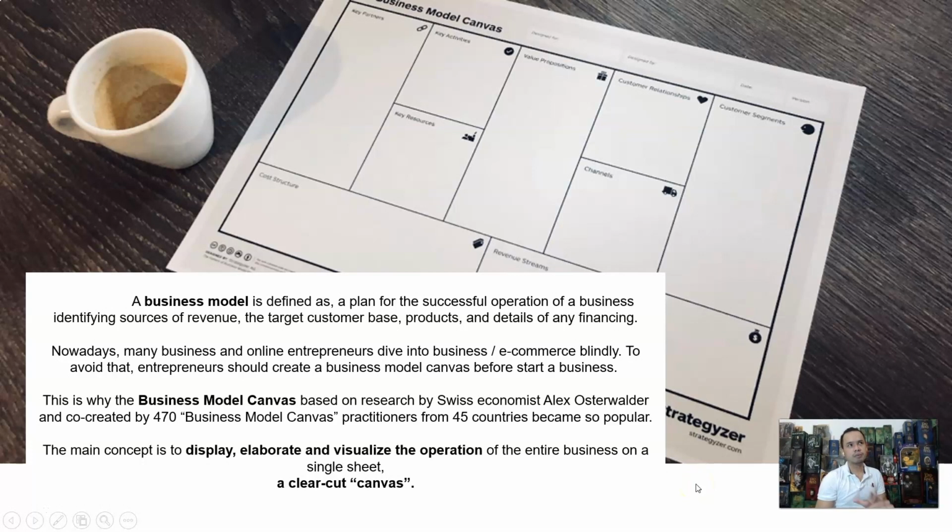So, sekarang banyak business ataupun online entrepreneur, okay, mereka masuk ke dalam dunia perniagaan ataupun dunia online lah katakan secara membabi buta. So, as blindly as they can. So, to avoid that, we have the traditional one, iaitu kita punya business plan, di mana anda akan belajar buat business plan. So business plan banyak pages kan, 40 pages, 100 pages over.